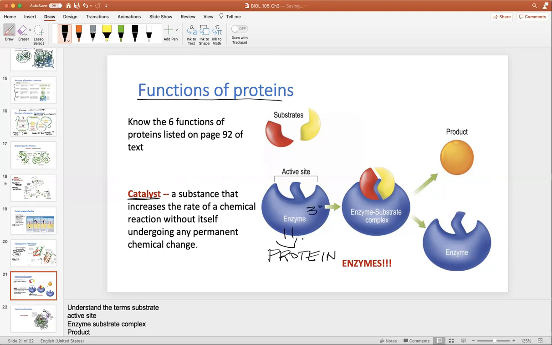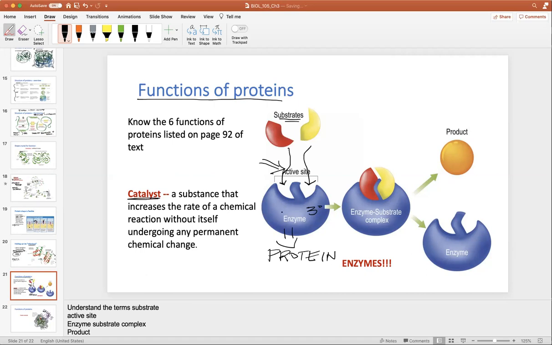Now, when it is properly folded in its tertiary structure, it has a shape that has openings called active sites, okay? And these active sites are the perfect shape for the reactants of the chemical reaction. In an enzymatic reaction, the reactants are called substrates. So can you see that these substrates will fit beautifully into the active site of the enzyme if the enzyme is properly folded?